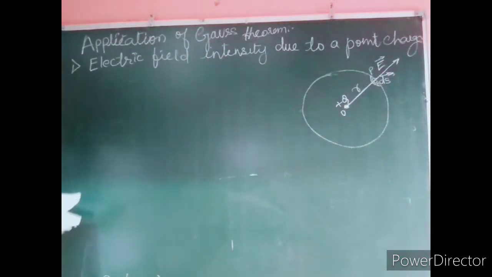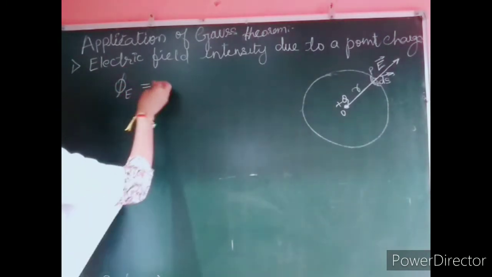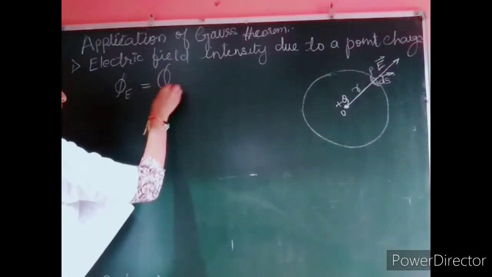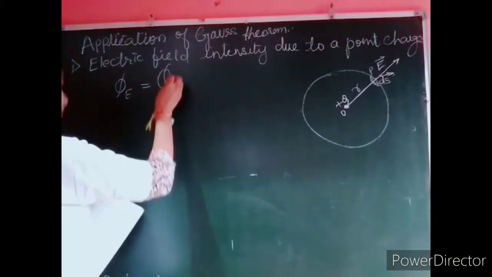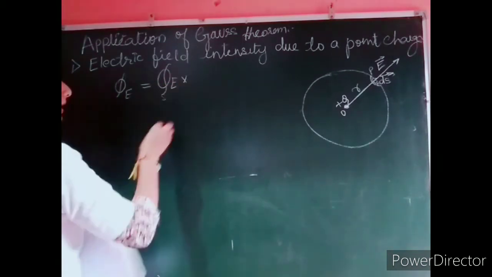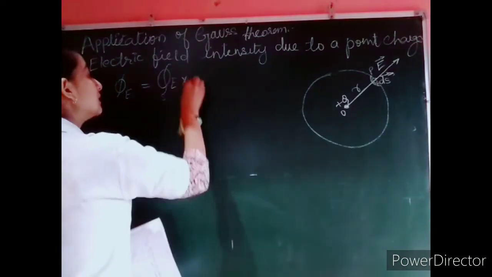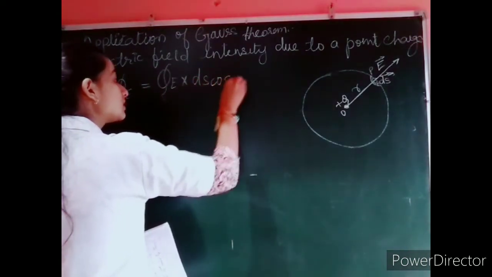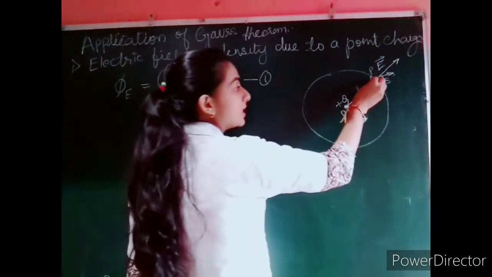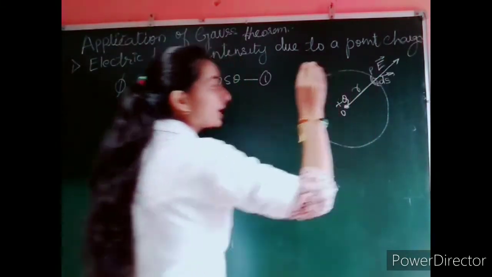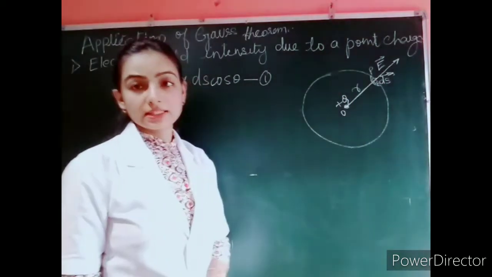Okay, so now by electric flux we know that in a closed surface, electric flux is equal to E ds cos theta. Now we will have to see the cos theta with respect to ds and the intensity.